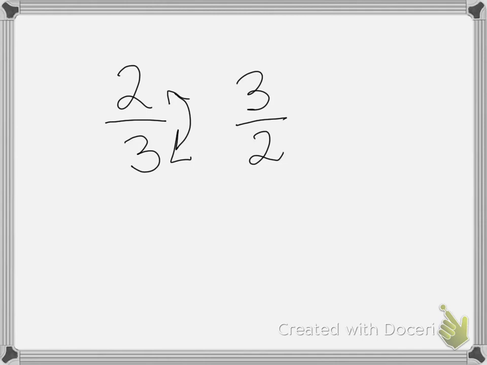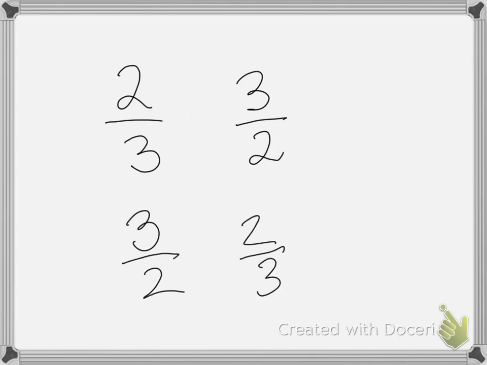This is called inverting a fraction. So the reciprocal of 2/3 is 3/2, and the reciprocal of 3/2 is 2/3, because again, we just switch the numerator and the denominator to find the reciprocal.